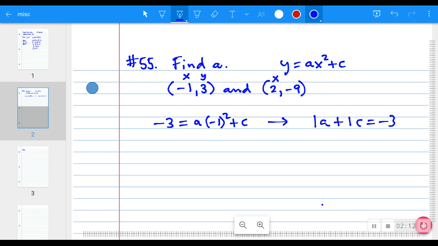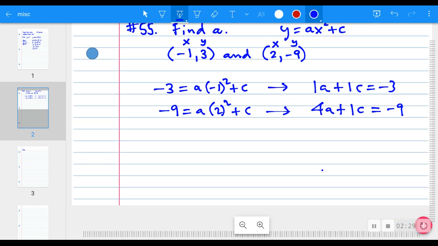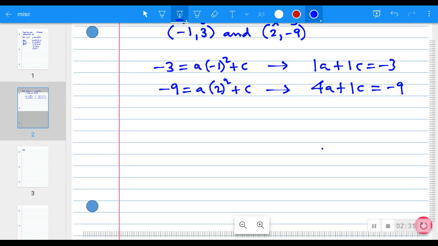Okay, we'll use a new set of x and y values. Which, when you rearrange it, gives 4a plus 1c equals -9. All right, so now we're going to switch gears and use our calculator and the matrix features on it. And you'll be typing x equals a inverse b here.